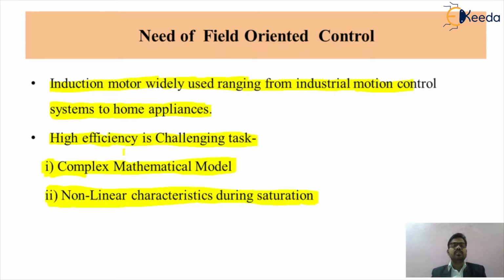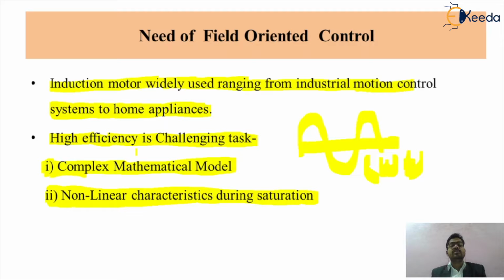This supply depends upon time, because the phase quantities vary with respect to time, and it produces non-linear characteristics during saturation.